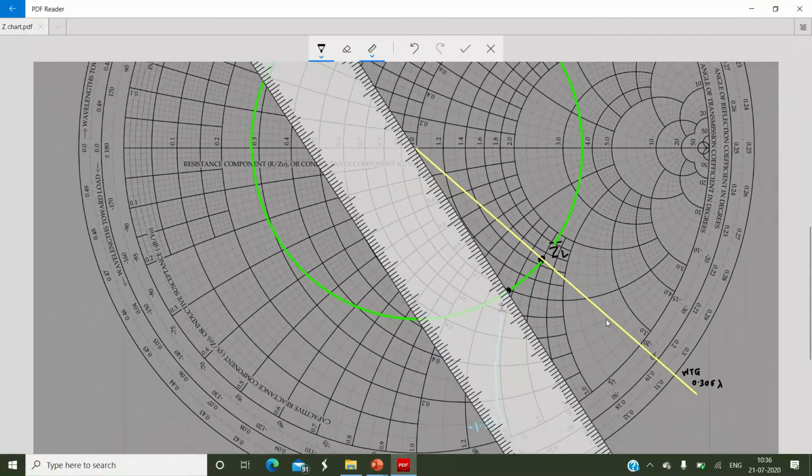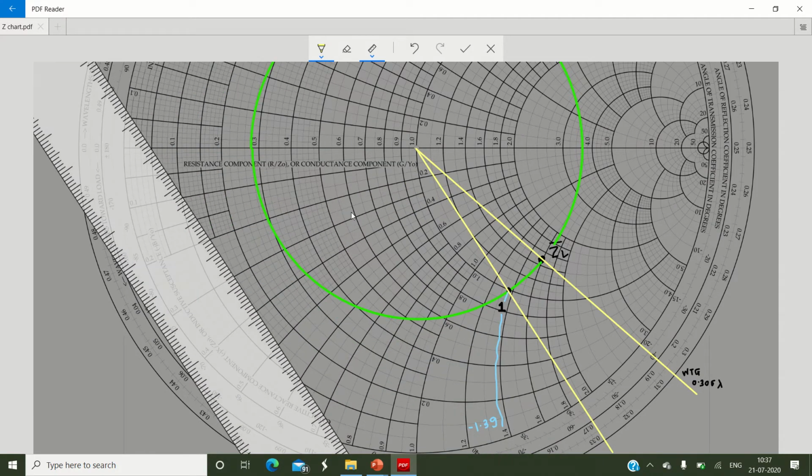What I am saying is, connect the center of the Smith chart with point number 1, draw a straight line and extend it to the periphery of the external Smith chart. I will choose the yellow color line again, and I will draw it in this way and intersect at the periphery.